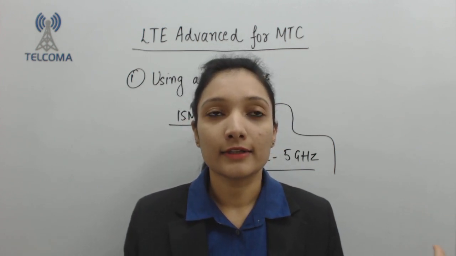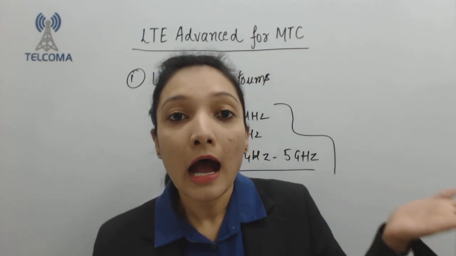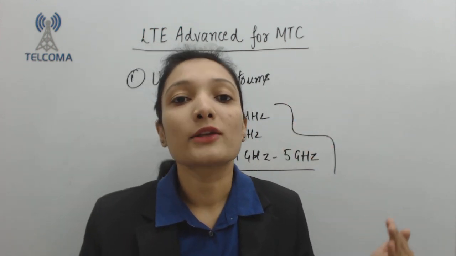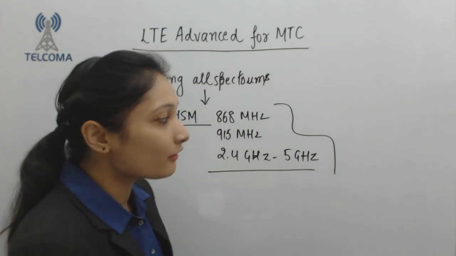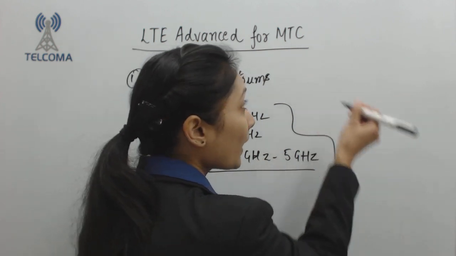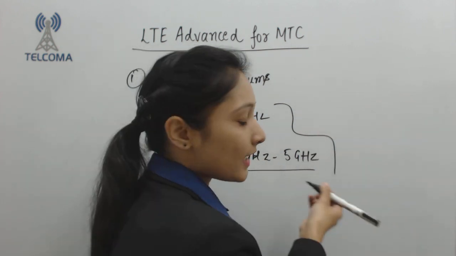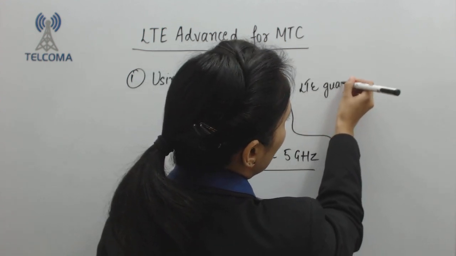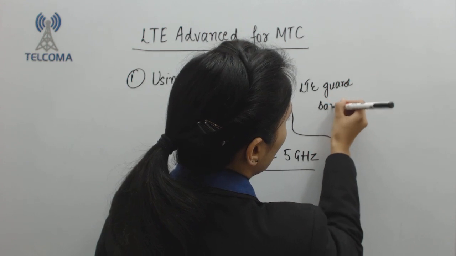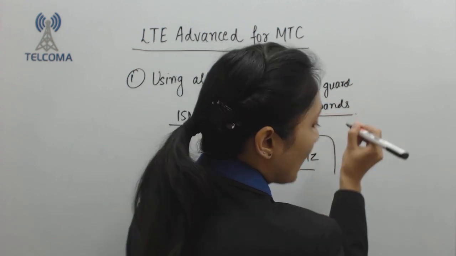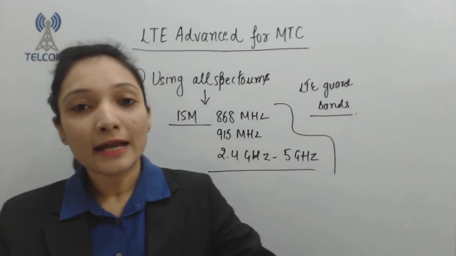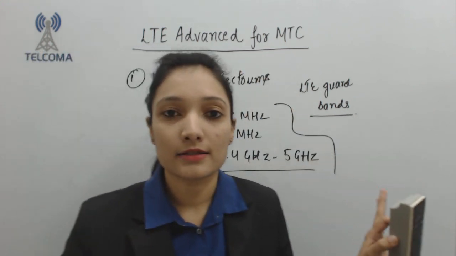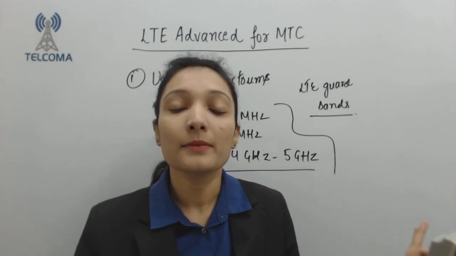We have also studied how, if we deploy the IoT, it can coexist with existing systems like GSM and LTE, with deployment in GSM subcarriers and deployment in LTE guard bands. This is the first factor by which it is being optimized for machine type communication.